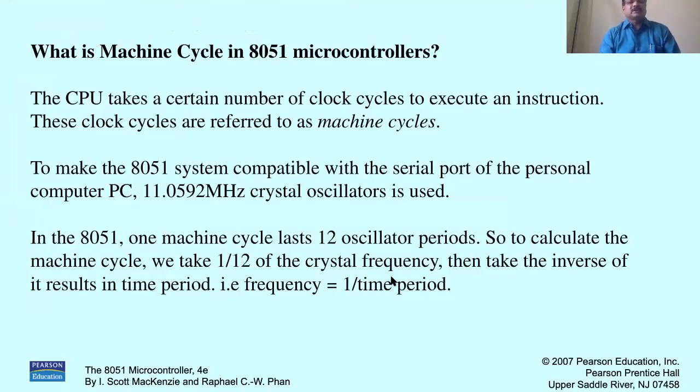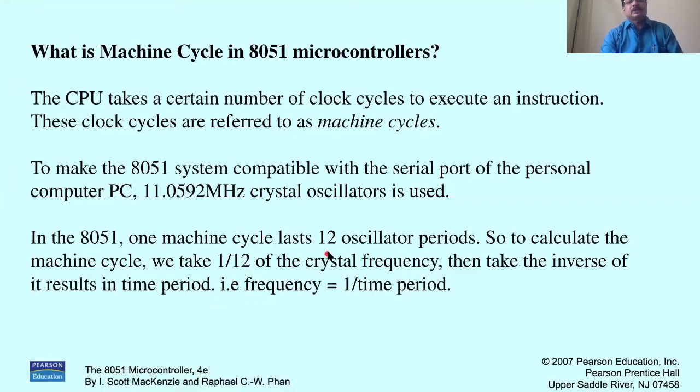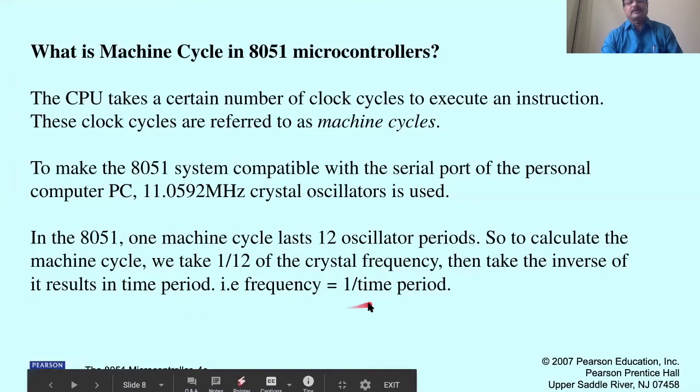If we consider a crystal of approximately 11.0592 megahertz, then you can see here that one machine cycle lasts 12 oscillator periods. So to calculate the machine cycle, we take the crystal frequency divided by 12 and then take the inverse of the result to get the time period.